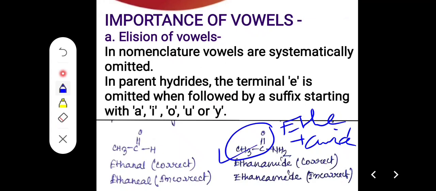So ethanamide: the E is omitted due to the presence of A in the suffix amide. As amide starts with A and is attached to the eth moiety, the E is omitted, so we overall get ethanamide. This is the correct spelling. If we retain ethane amide, with E and A placed together, that is the incorrect spelling.